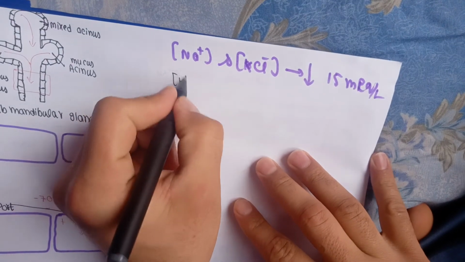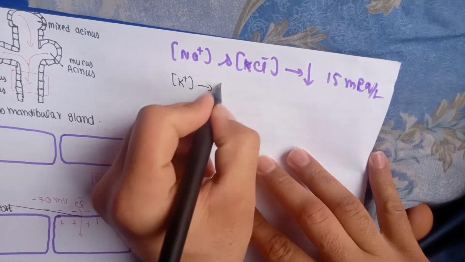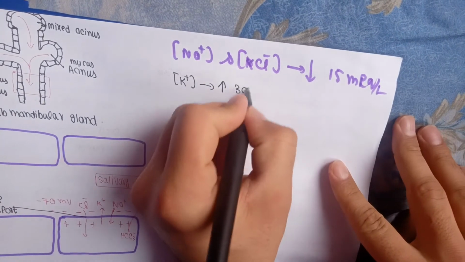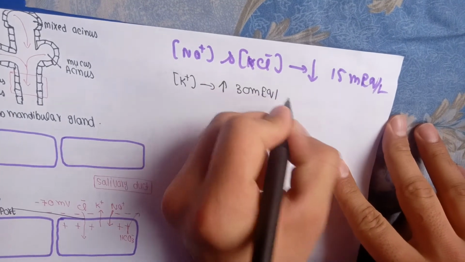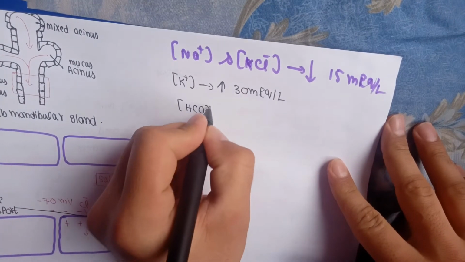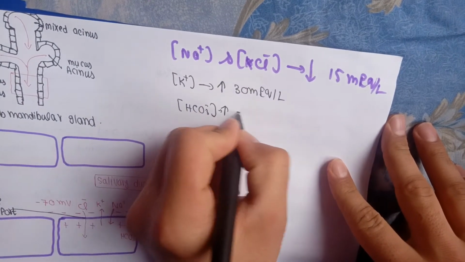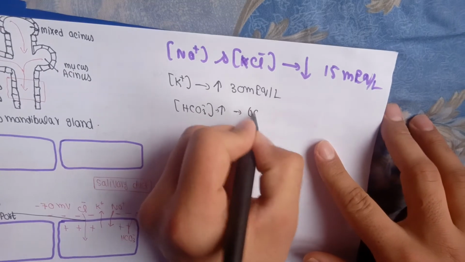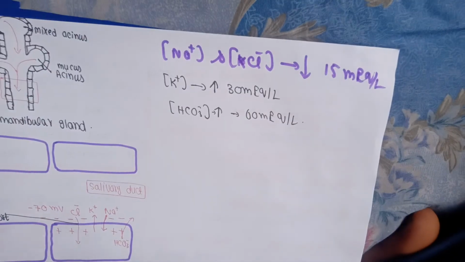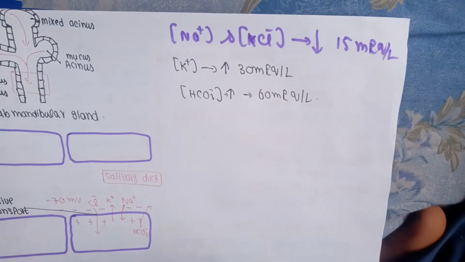The concentration of potassium ion is high, about 30 milliequivalent per liter, and that of bicarbonate ion is also high, ranging about 60 milliequivalent per liter. So these are the concentrations of these ions.